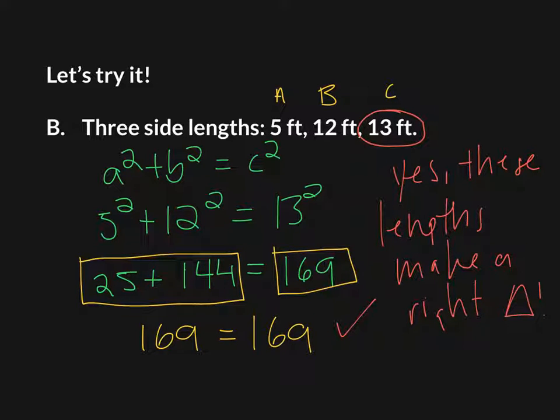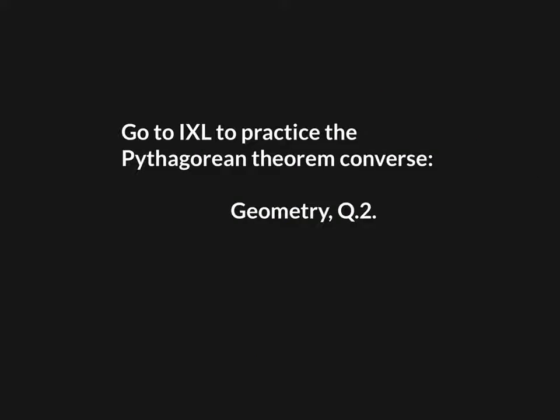So once again, we've proved that the Pythagorean theorem helps us find the converse, which is when given 3 sides or 3 lengths, we can use the Pythagorean theorem to prove that they make a right triangle.